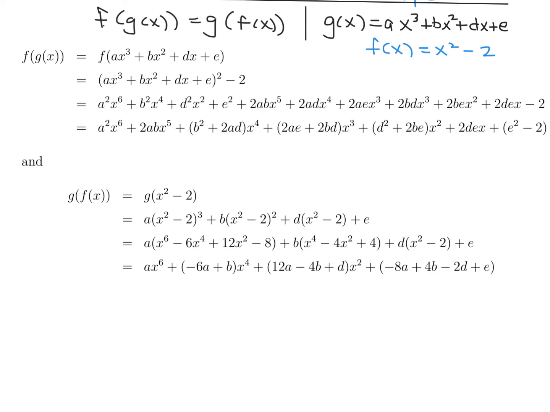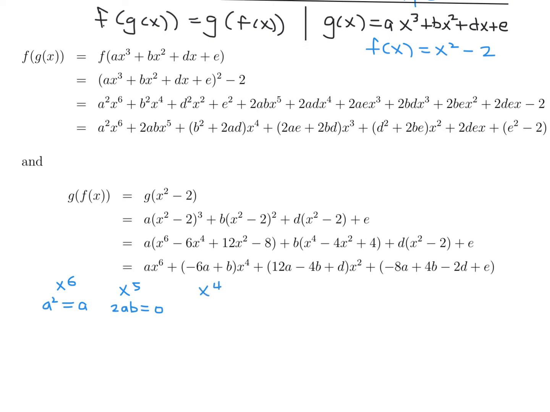What that really means is you have to compare coefficients. For x to the power of 6, my coefficient is a squared up here, and here it's a. So a squared is equal to a. For x to the power of 5, we compare coefficients. Here it's 2ab, and here there is none, so it's 0, because there is no x to the power of 5.